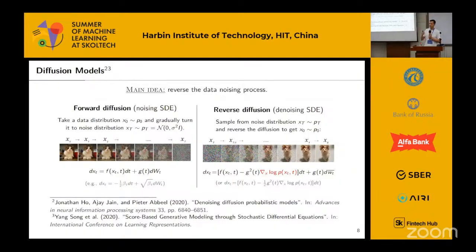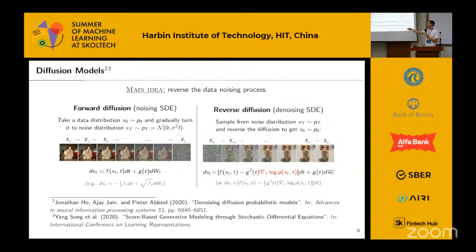How do modern diffusion models work? They work in the following manner. Suppose that we would like to generate samples from some data distribution, P star. Here we usually denote it by P0 because of the diffusion terminology. So how do diffusion models typically work? One writes down some particular diffusion process which gradually destroys the information about your data.